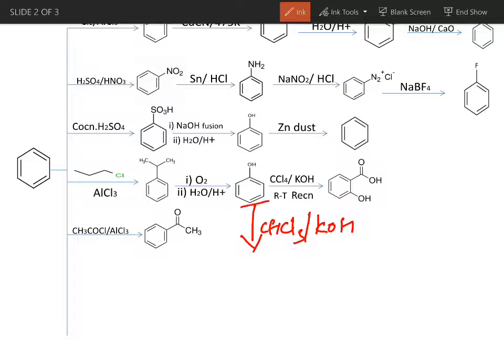The compound formed here will be OH CHO, and this compound is known as salicylaldehyde. That means when phenol is reacted with chloroform in presence of base, the compound formed is salicylaldehyde. When phenol is reacted with carbon tetrachloride in presence of base, it will give salicylic acid.